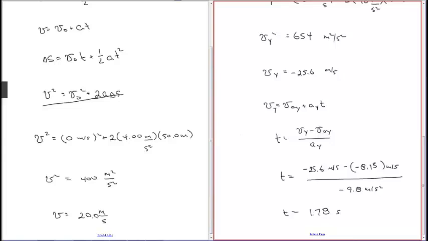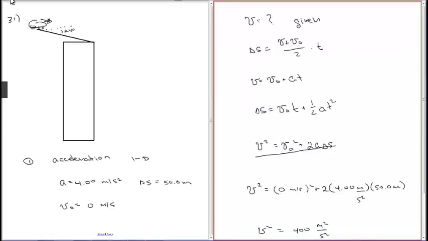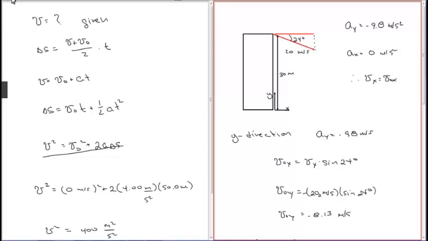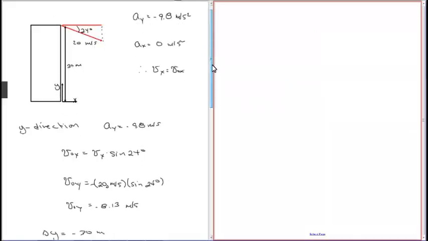So once we have the time, as far as the position relative to the edge of the cliff, we go to the x part of the equation, which says delta x is equal to v sub x times t.